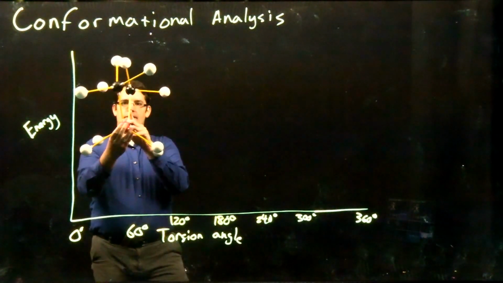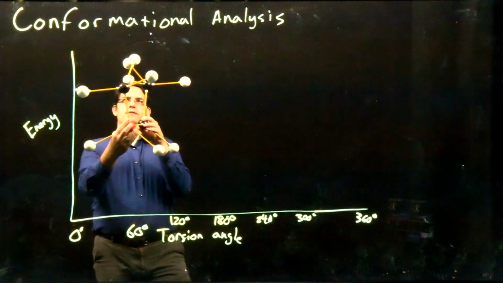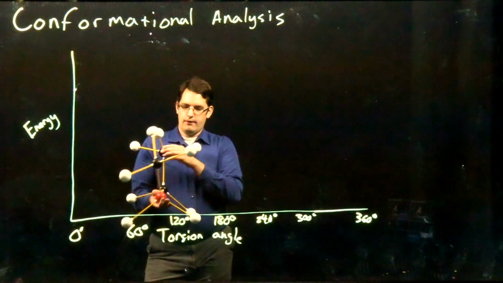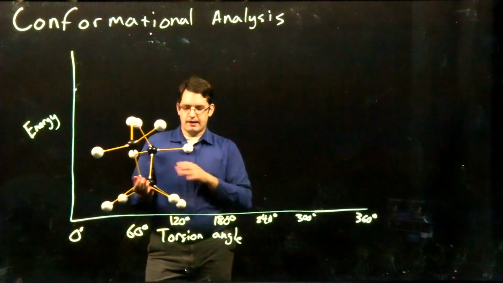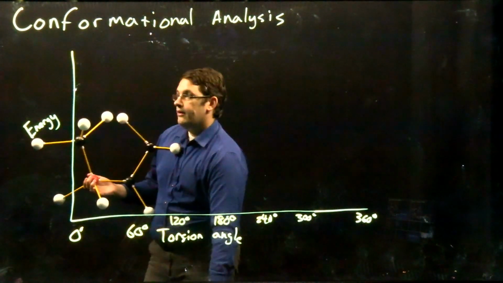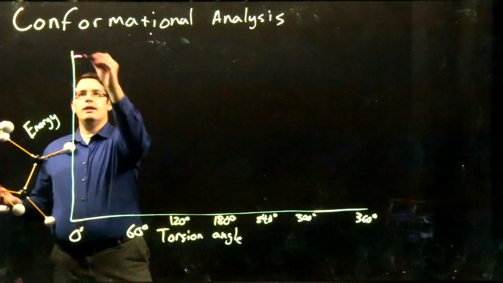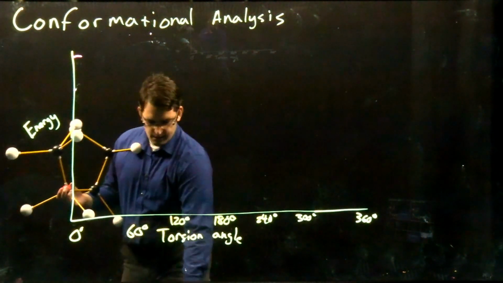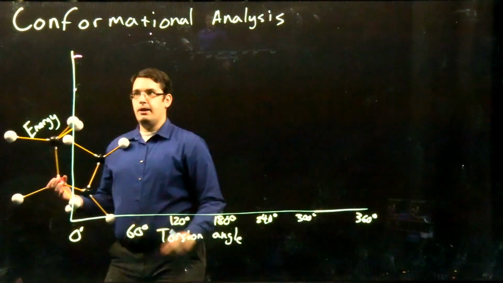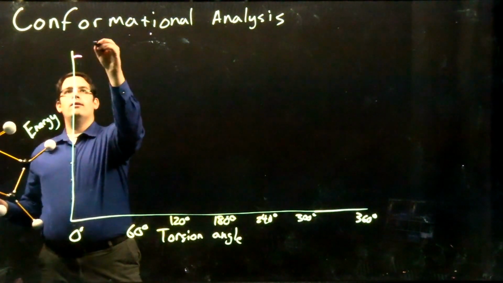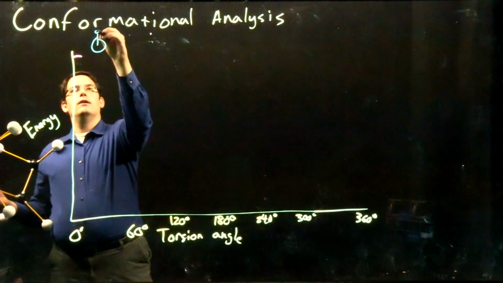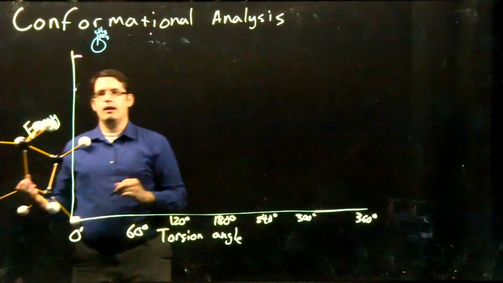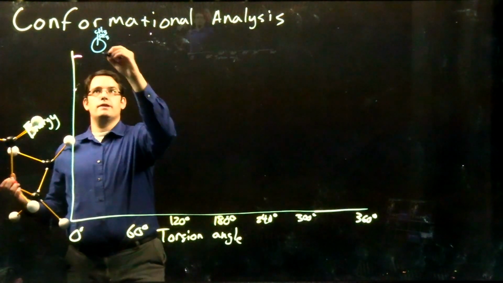So, in this 0 degree angle, because we have our two methyl groups very close together, creating all that steric hindrance, all the crowding we call it, this is going to be a very high energy state. So we start out at a very high energy, much higher than our eclipse conformation in ethane. And when we draw out this conformation, we show, of course, our two carbons, our methyl groups, coming out the top, overlapping, and creating all of that crowding or steric hindrance.